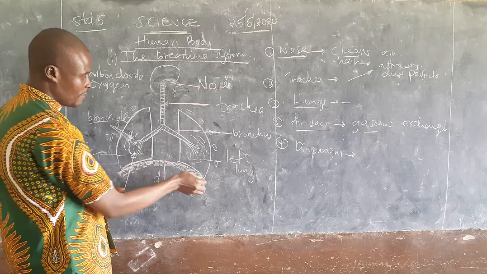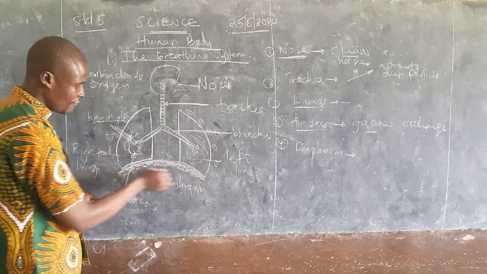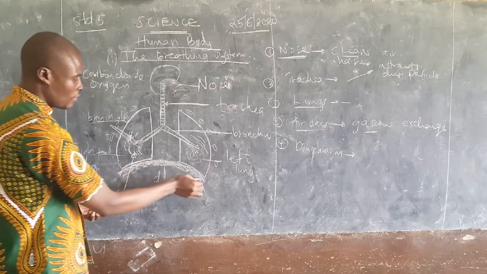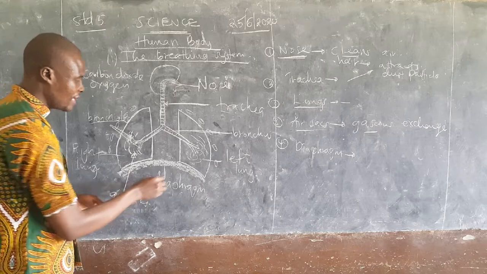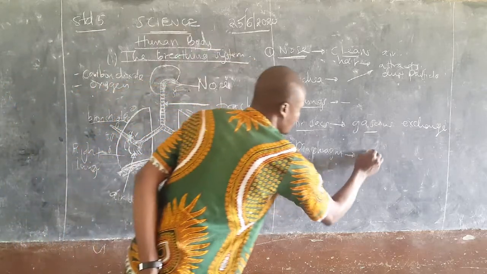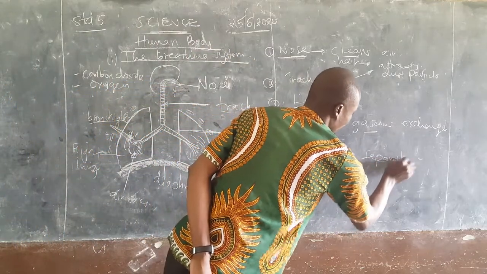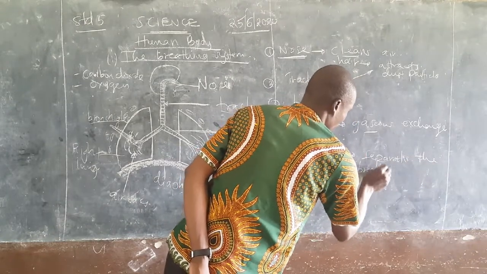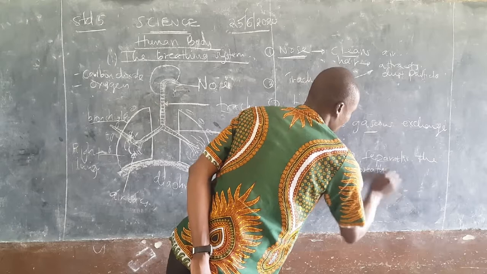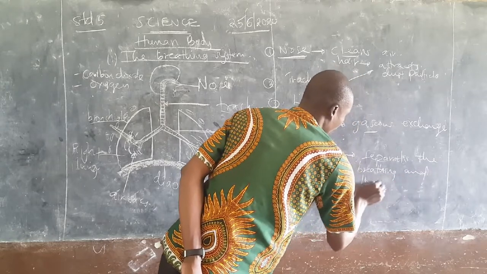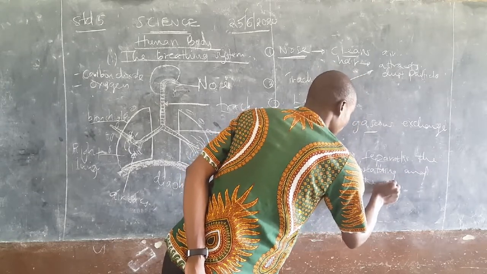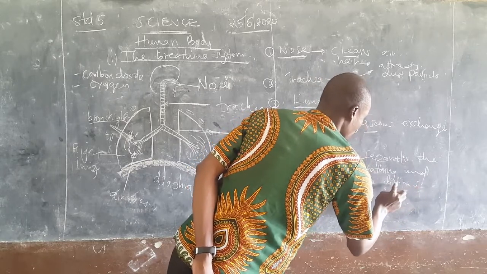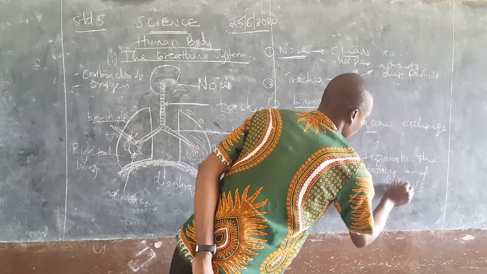We also have the last part that was here. We have the diaphragm. The diaphragm has a major role. It's just a membrane that separates the breathing and the digestive system.